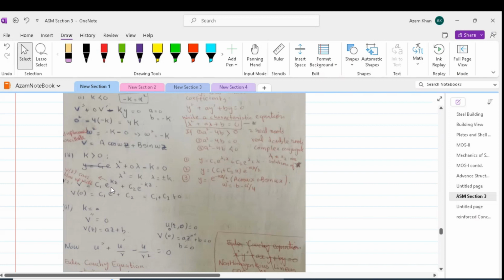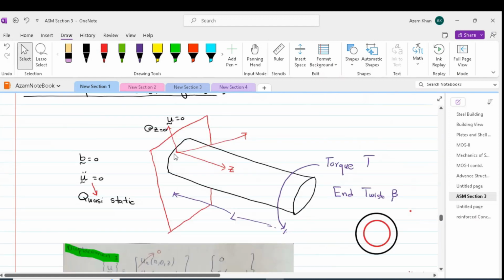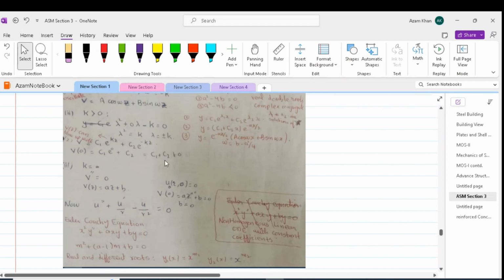The other argument is that if we put v at z equal to 0 in our problem, we should get v equal to 0. And clearly, we get c1 plus c2 not equal to 0. If we take c1 as well as c2 equal to 0, then that would make this solution trivial.